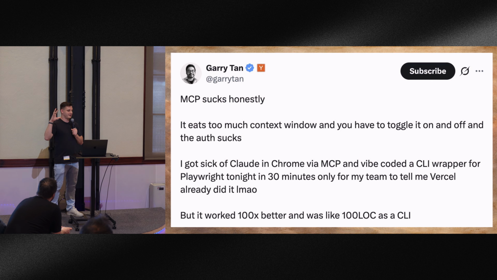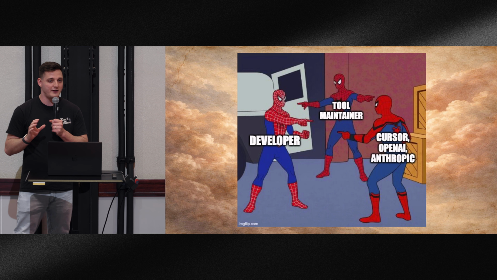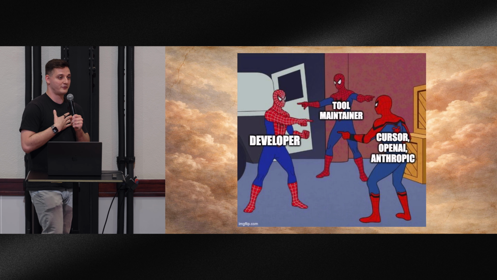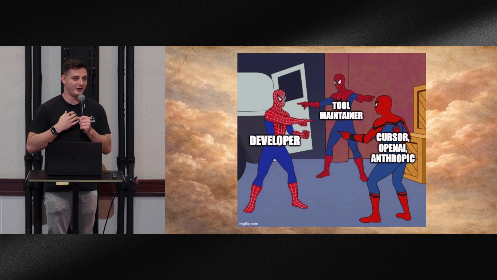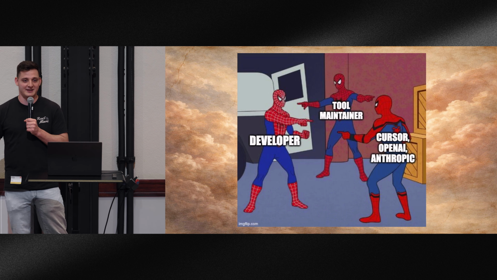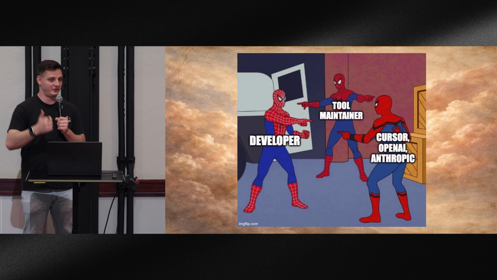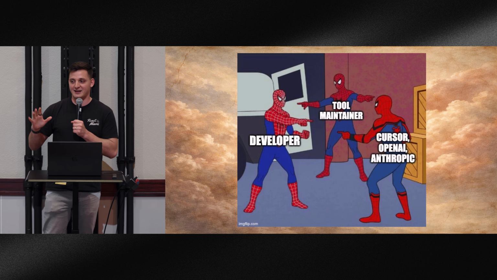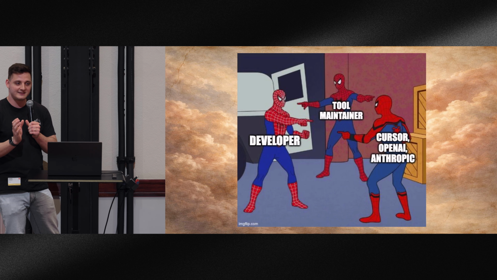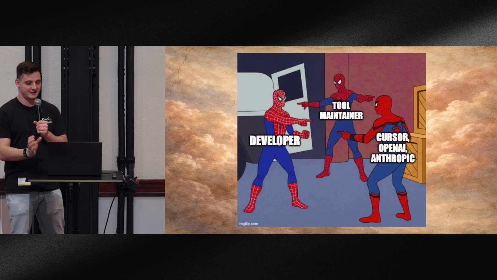Because there are a lot of different entities involved in agent experience, and they all have slightly different objectives, right? As someone working at Neon, I care a lot about having a single source of truth in my documentation so that I can actually maintain it. I care about distribution and discoverability. That's why I love agent skills. And I care a lot about steering the agents and helping them be successful with Neon.